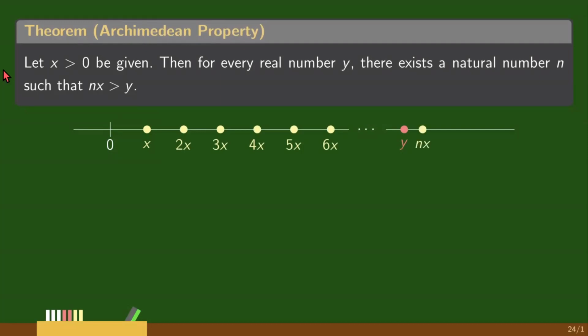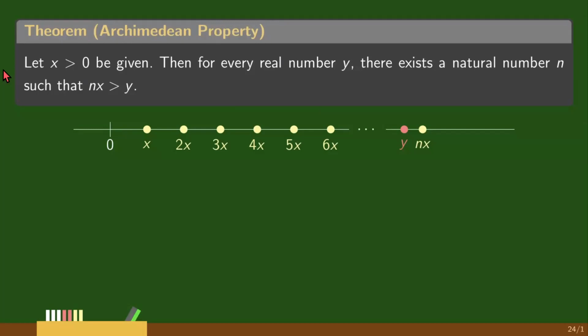Eventually, isa sa mga nx ang lalagpasan si y. Naintindihan nyo? Naintindihan nyo ba ito? Eventually, isa sa mga nx has to exceed y. So, do you get the intuition behind this property?